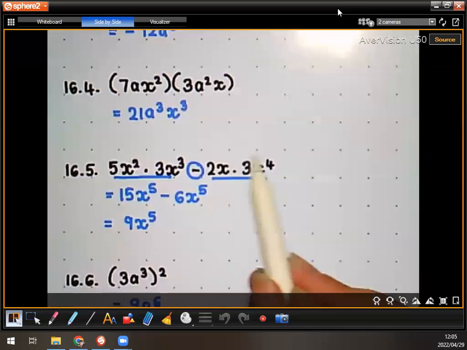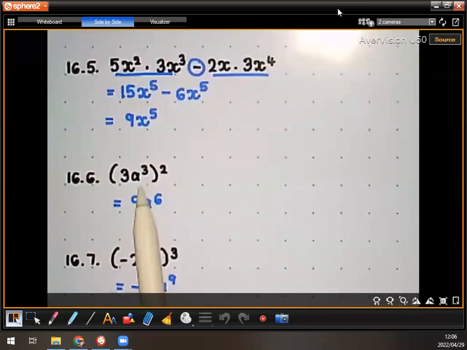We have 2 x's and 3 x's, that's 5 x's altogether, so x to the 5. Minus, so I'm just carrying down that minus from the question. 2 times 3 is 6. And now I have 1 x and 4 x's, that is x to the 5. Alright, are these like terms? X to the 5 and x to the 5? Yes. Okay, so now we can say 15 minus 6 is 9, but it has to be 9x to the 5.